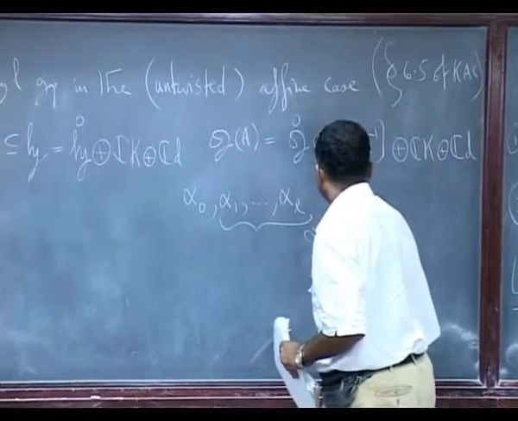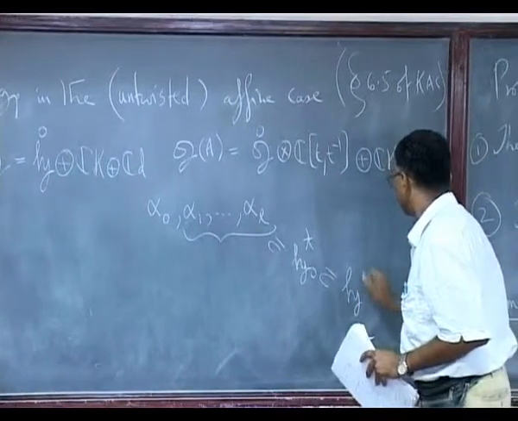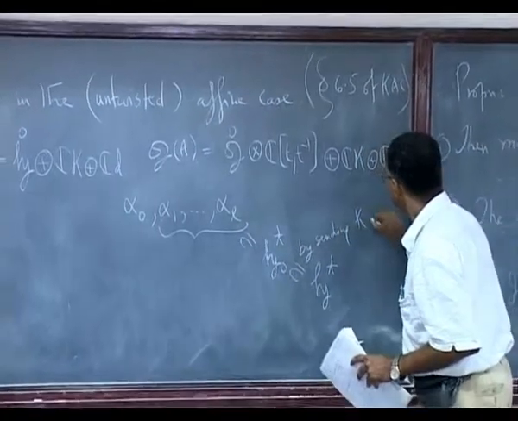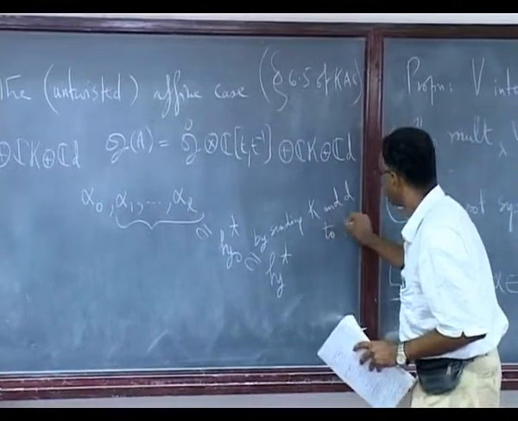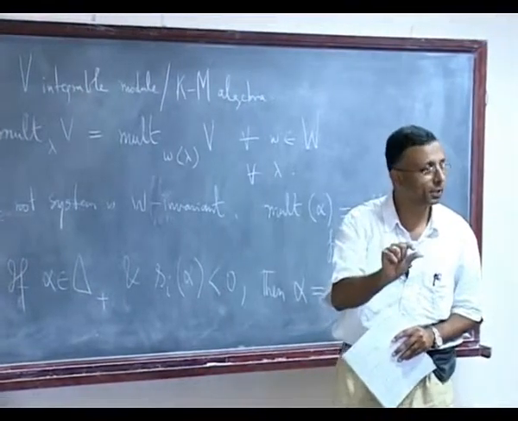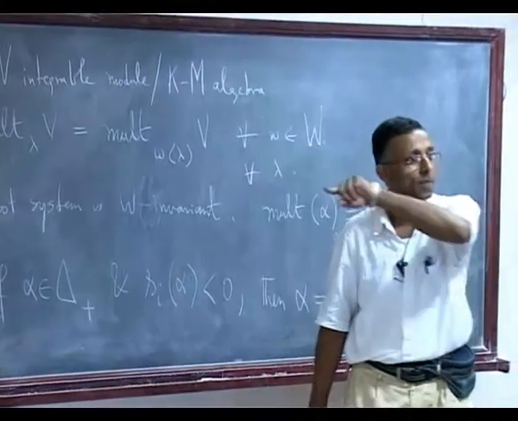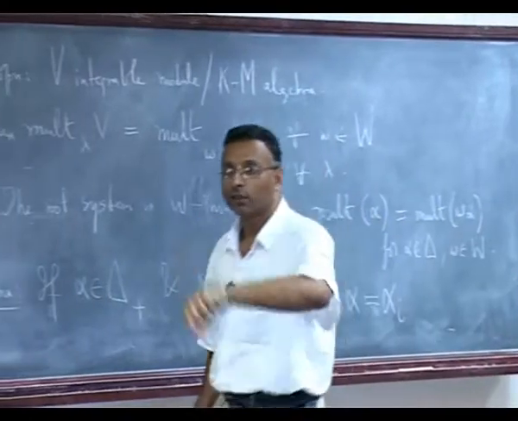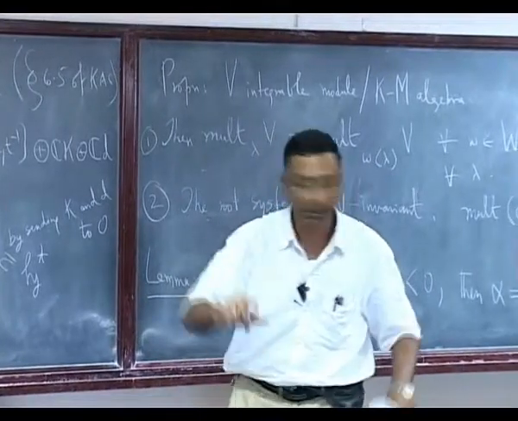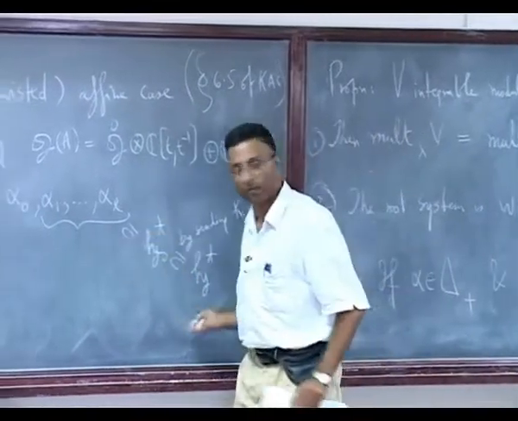So this would be contained in H naught star, which I think of as being contained in H star by sending k and d to 0. See, if you have a subspace, the dual of the subspace is naturally not sitting inside the dual of the bigger space. It's the other way around. There is only a map from the dual of the bigger space to the dual of the smaller space. That's the natural map. But here we want a map this way, so you have to choose a splitting, and we have a splitting. So with respect to that splitting, I define this.